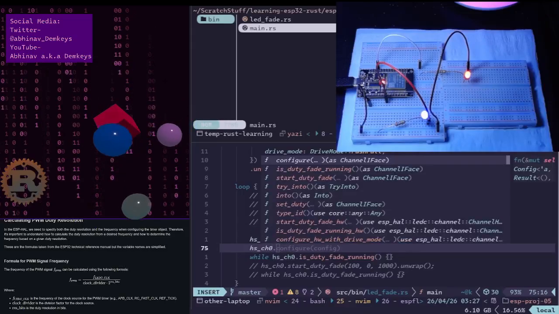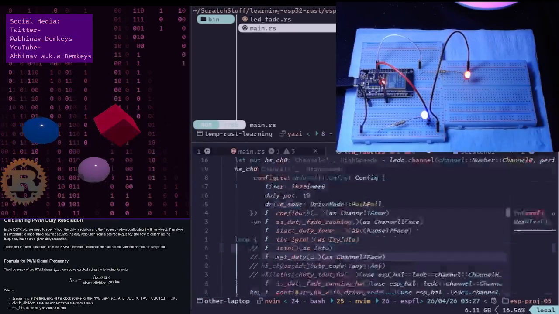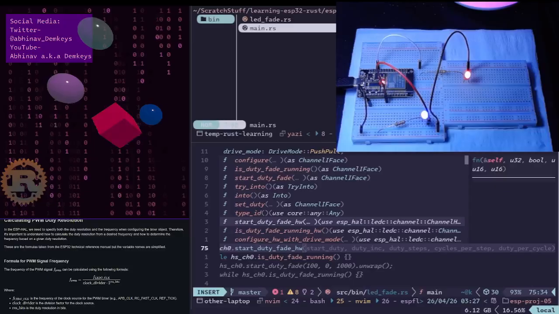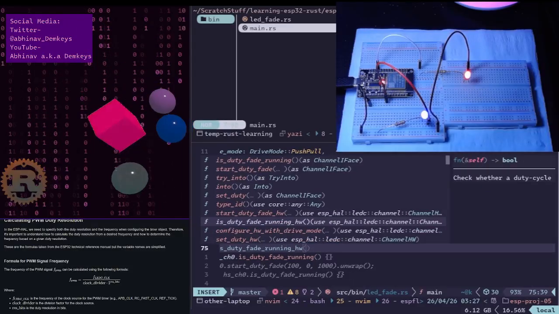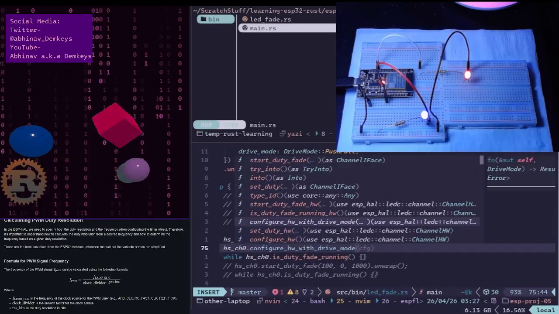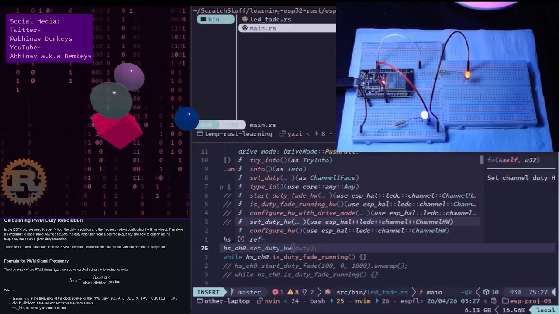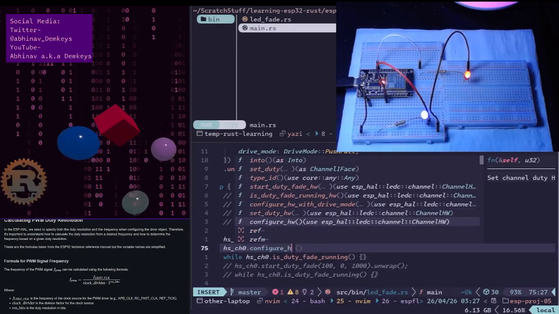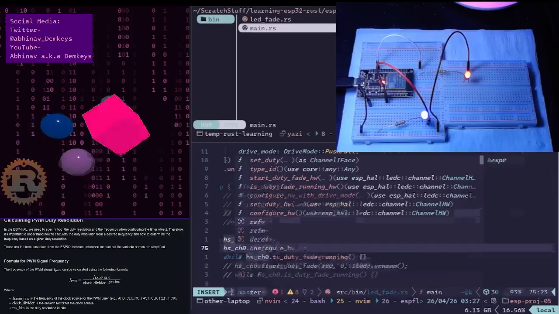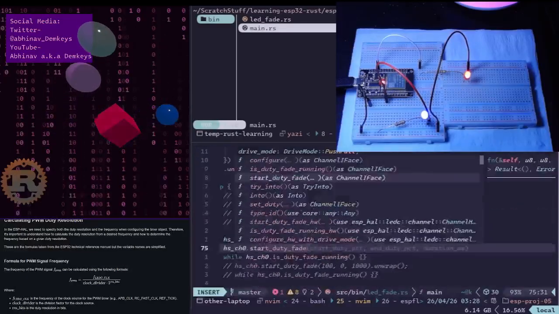Is duty fade running? Start duty fade HW. I should look into what that is as well. Configure HW with drive mode. Set duty HW. What is HW supposed to be here? I should find that out. But yeah, it does seem like that's about it.